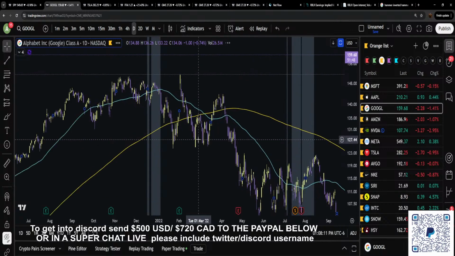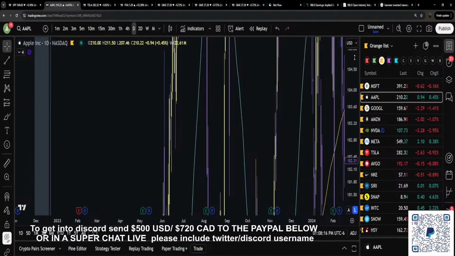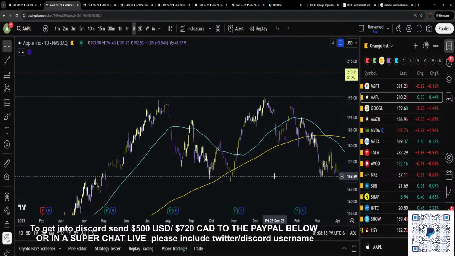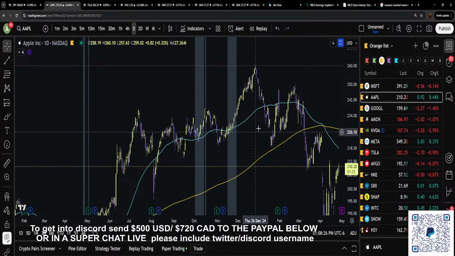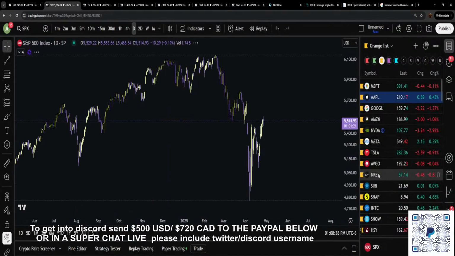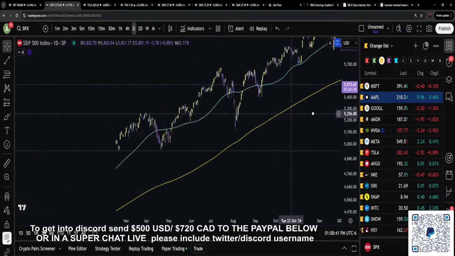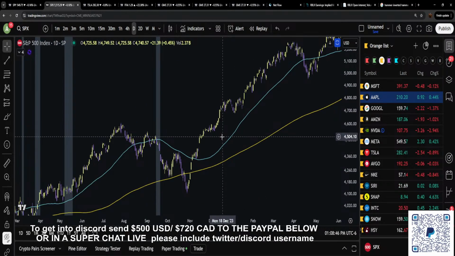I want a really good example. Maybe we'll move off of Google and try Apple, and see if Apple had anything interesting take place. I'm looking for a bigger one because I want to really show you how you mark these measured moves, because it's really useful. But as it stands, I'm not immediately seeing one. So let's head over to SPX and see if SPX printed any off of these lows, back during these trends. I am on the daily.